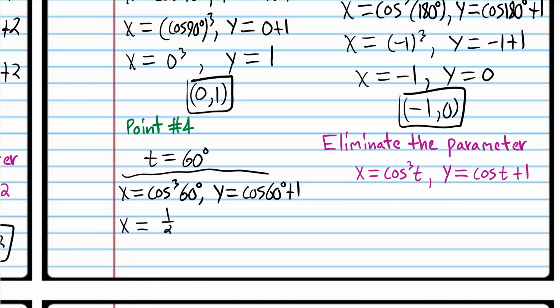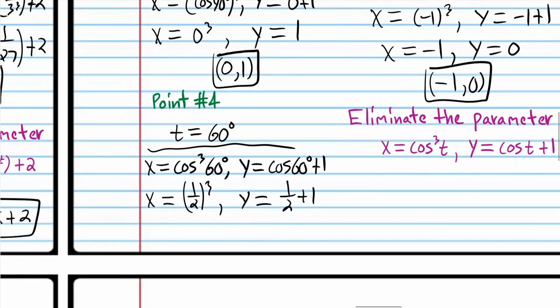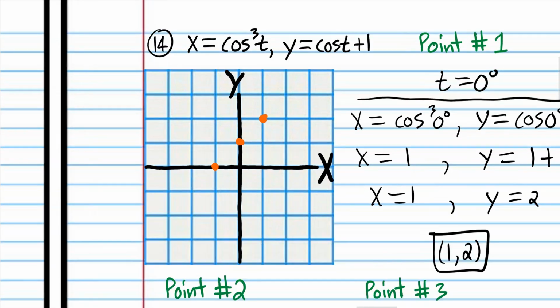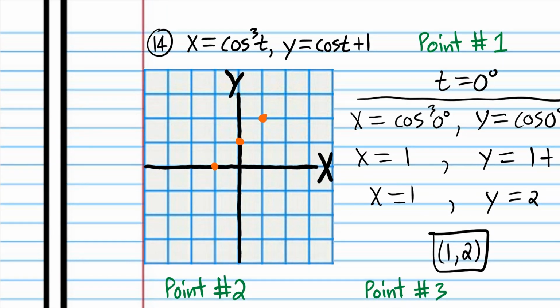So we have 1/2 cubed, and y is equal to 1/2 plus 1. So we have 1/8 and 1 1/2 if you want to use the mixed number. So 1/8 and 1 1/2. So that would be about here.